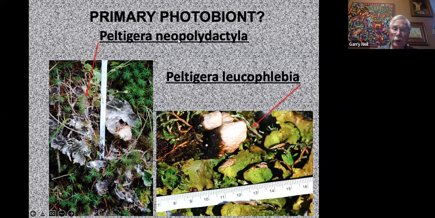They belong to the same genus, but again, they're going to be different species. It's unusual, but Peltigera is one of the few genera that has both types of photobionts in one species or another.